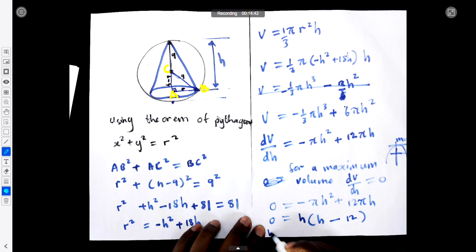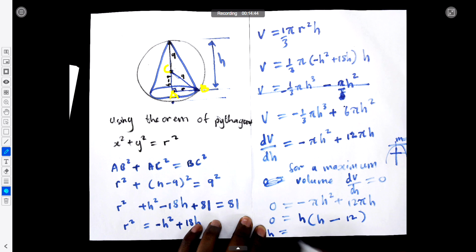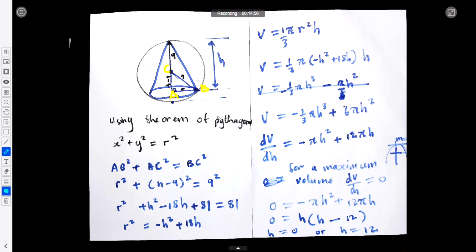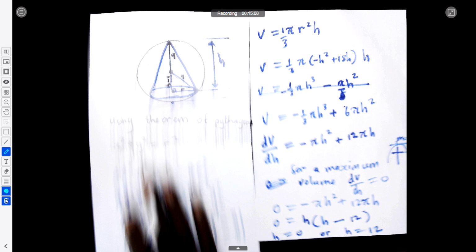So we know that h is going to be equal to 0, isn't it? Or h is equal to 12. So even before you start differentiating for the second time, we already have the maximum height, which is 12. We cannot have 0 as a height. I hope you'll agree with me, because when you cut out of a sphere, we cannot have a 0 height.